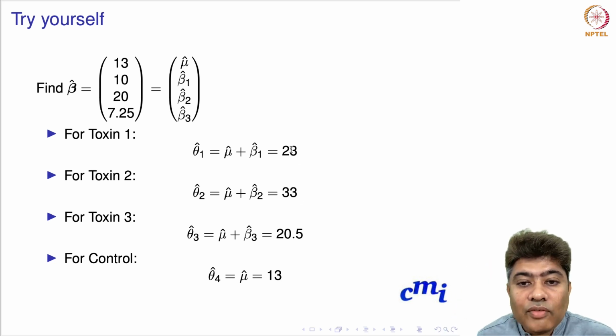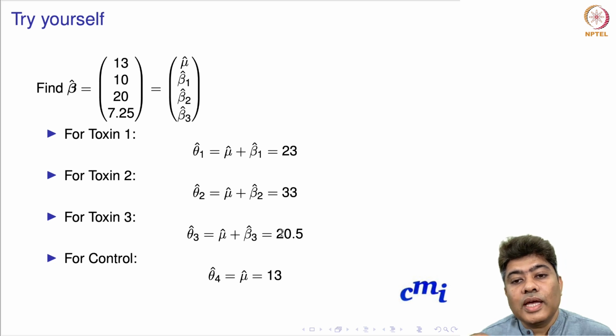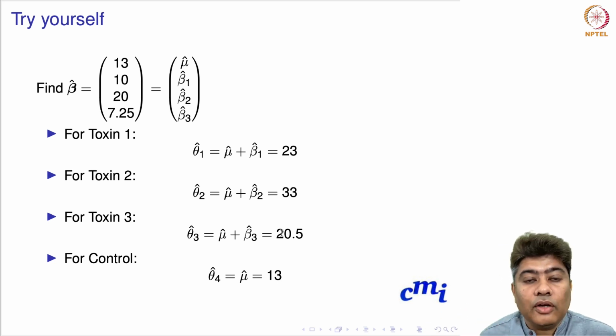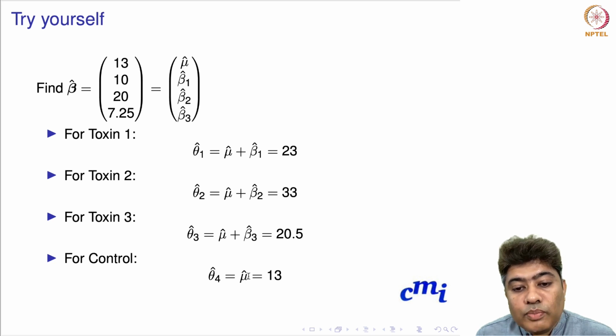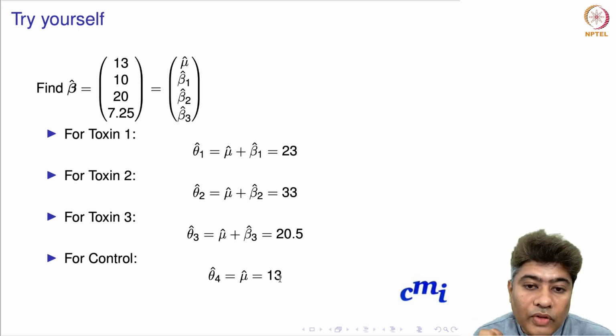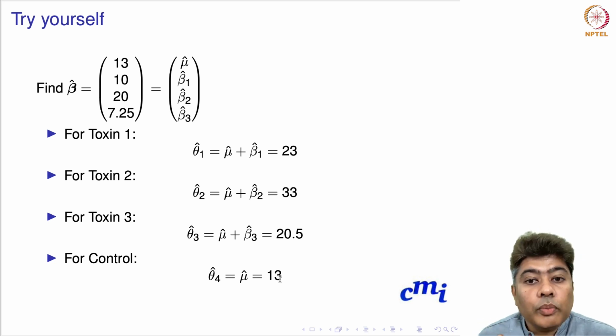You can see carefully that 23, 33 and 20.5 are actually the sample means, or group means, of those particular toxin groups. You can go and check it. And theta 4 hat is mu hat, which is 13, the sample mean of the control group.